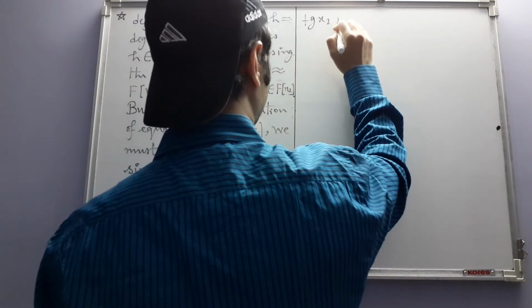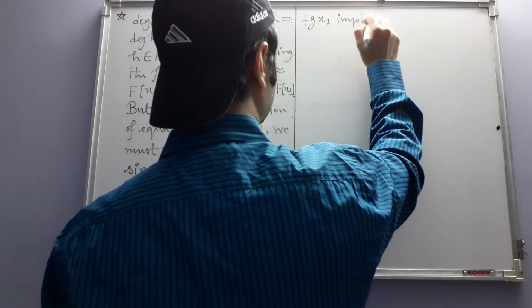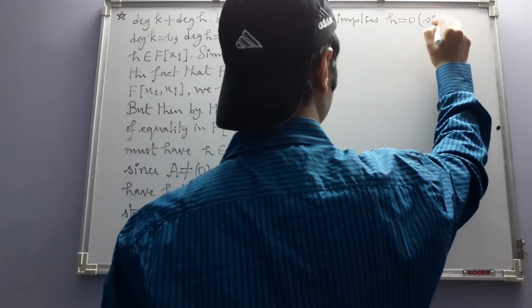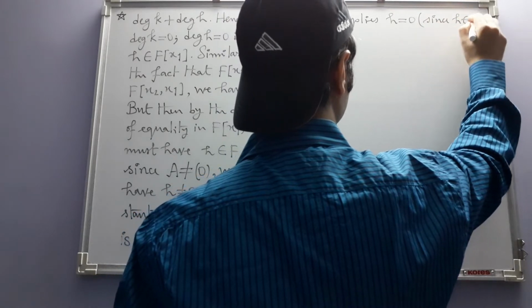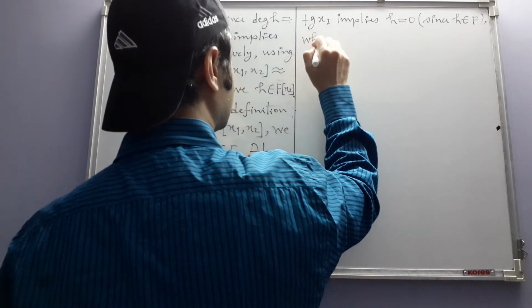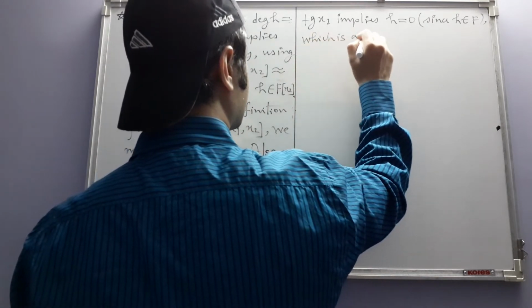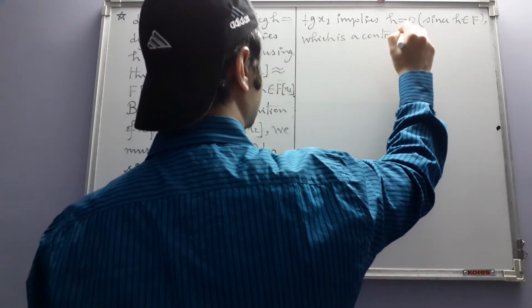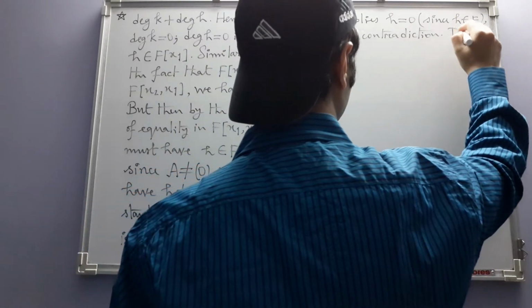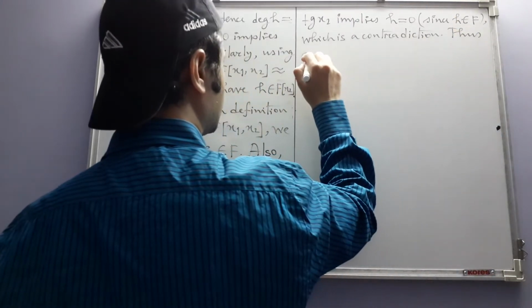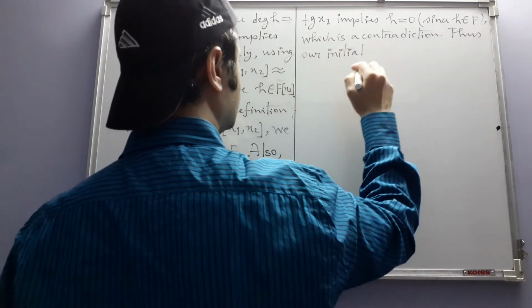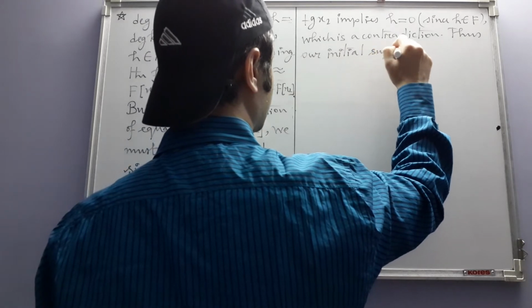This equation implies h is equal to 0 since h belongs to f, which is a contradiction. Thus, our initial supposition is wrong.